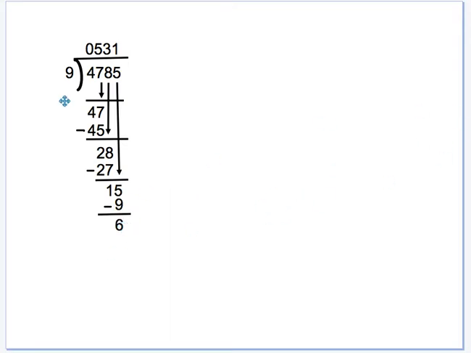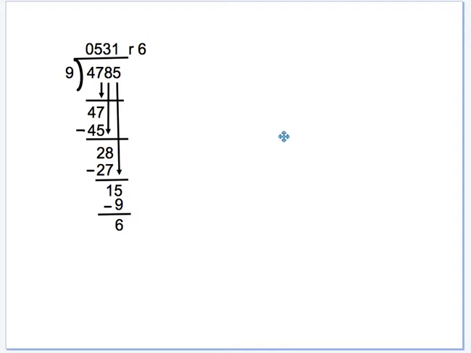Now, depending on what grade level you were, you might go ahead and go into decimal points here and drop down a 0 and then keep on going forever and a day. But when you first started doing long division like this, anytime you had a remainder, you would just put down an R for a remainder of 6.